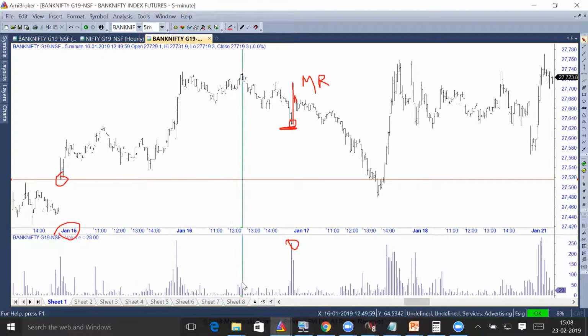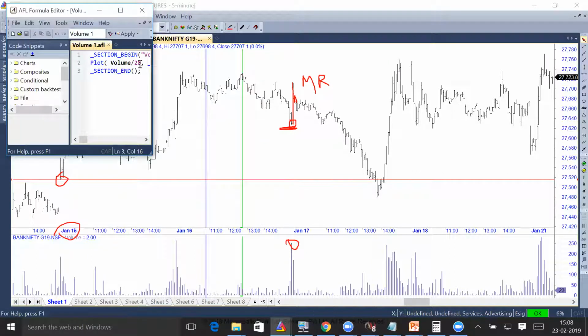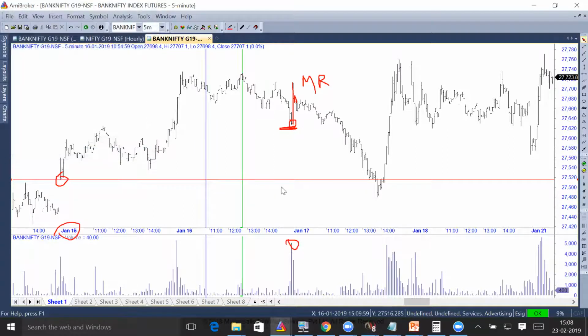Something is wrong. Yeah, volume is almost 4,920. Am I in a 5-minute chart or what?